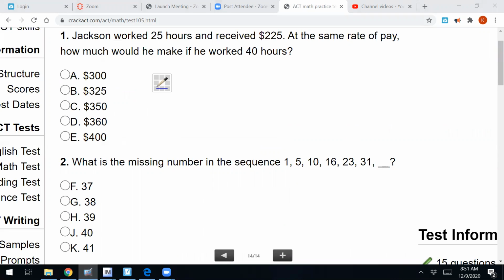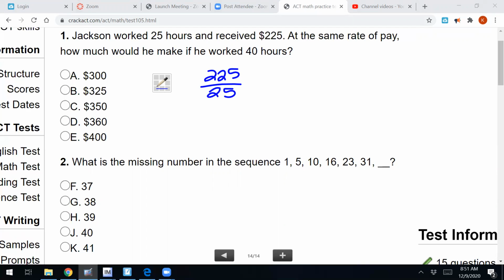So it says Jackson worked 25 hours to receive $225. At the same rate of pay, how much would he make if he worked 40 hours? What'd you do? So that's his rate of pay.